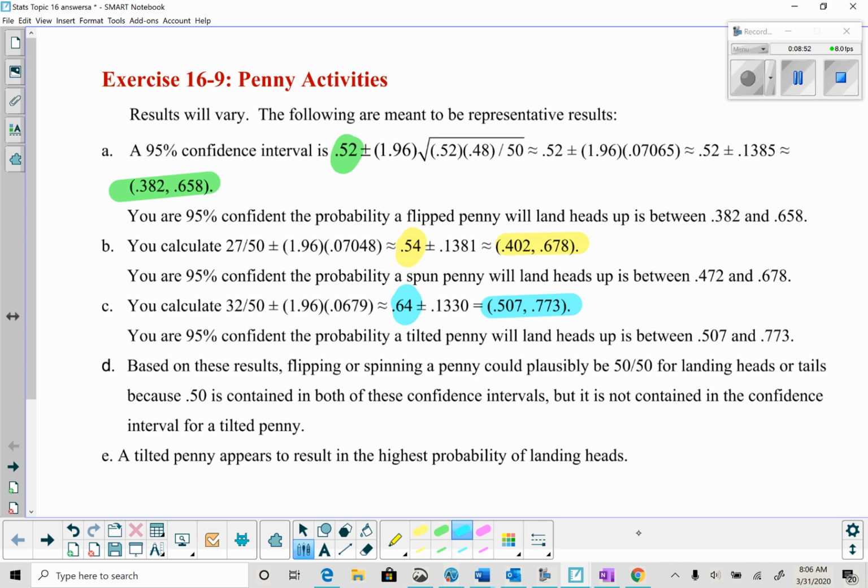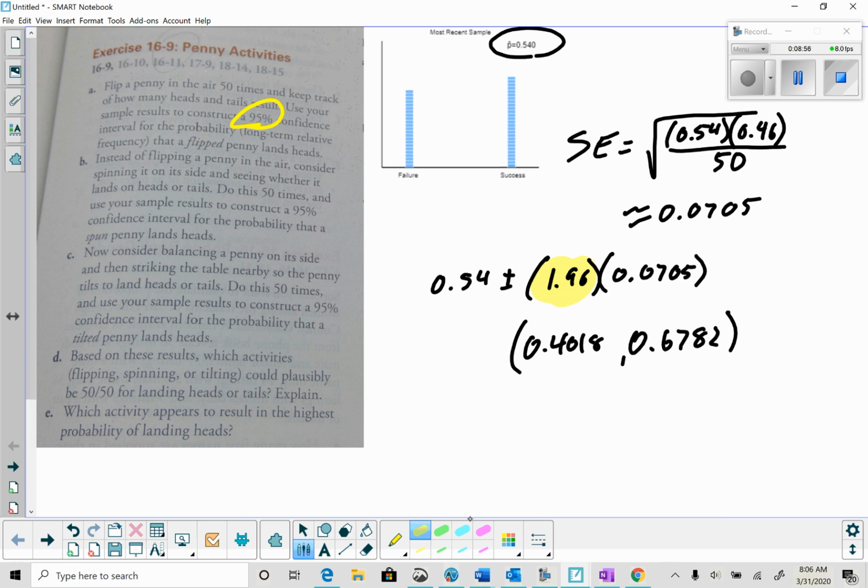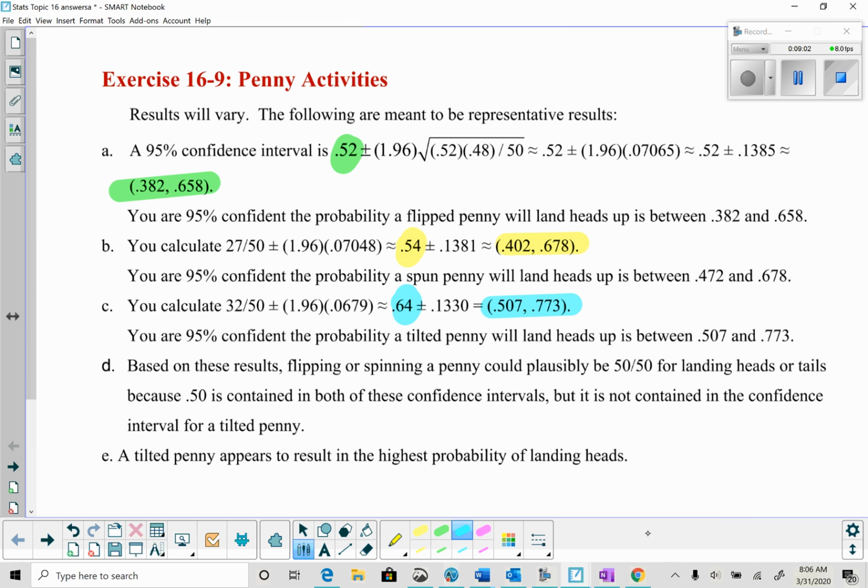Okay. So then part E, they asked, which one of these appears to give you the highest probability of landing heads? It's that stand it on its side and then knock it over. Because if you stop and think about it, if you're really trying to skew the outcome, that's the one where you're going to have the most control.